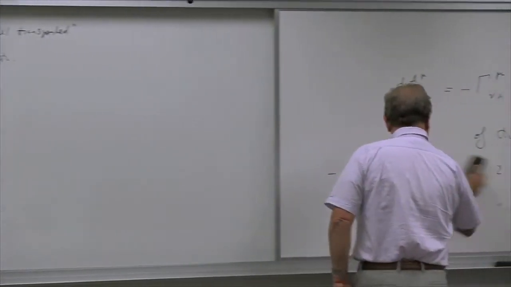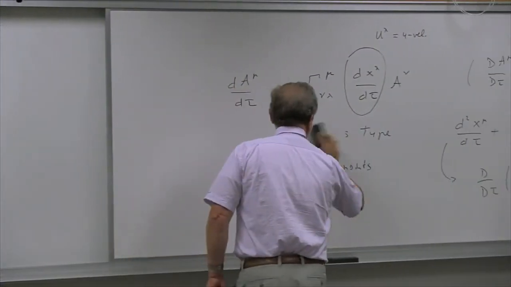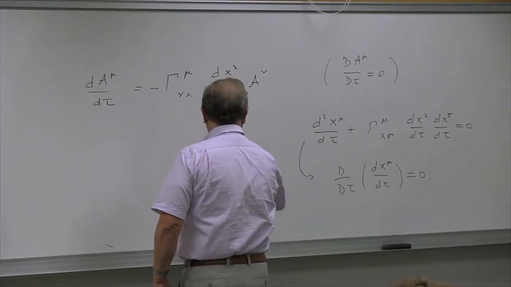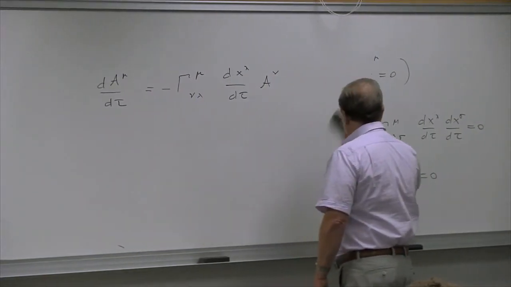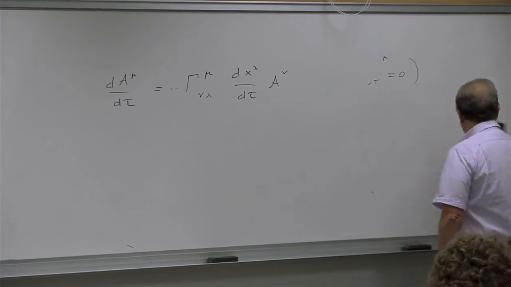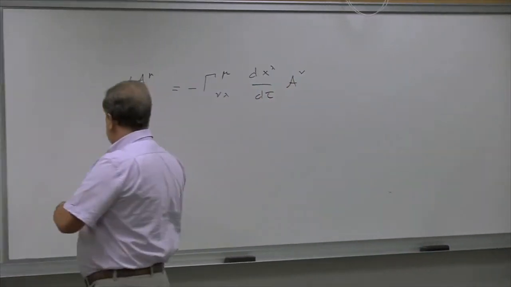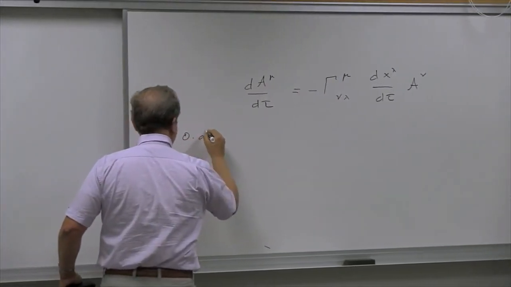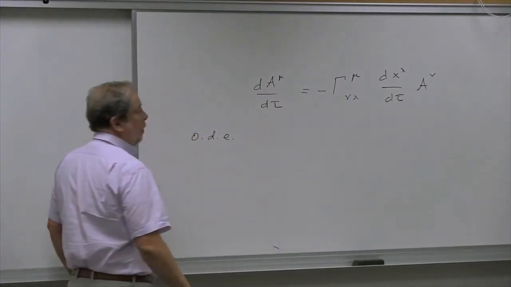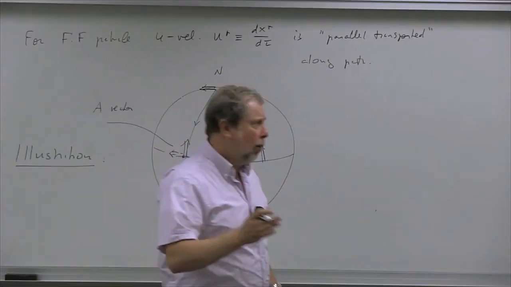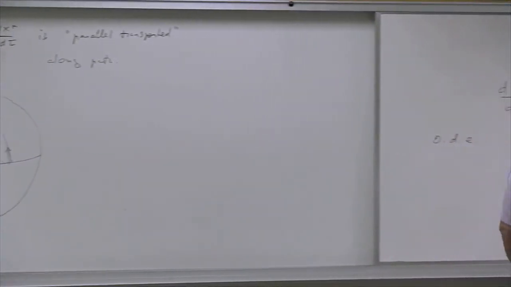So if we look at the equation for parallel transport, which involves this forward velocity, then this can be regarded as an ordinary differential equation, which tells us how the vector is going to change as we go along this path.